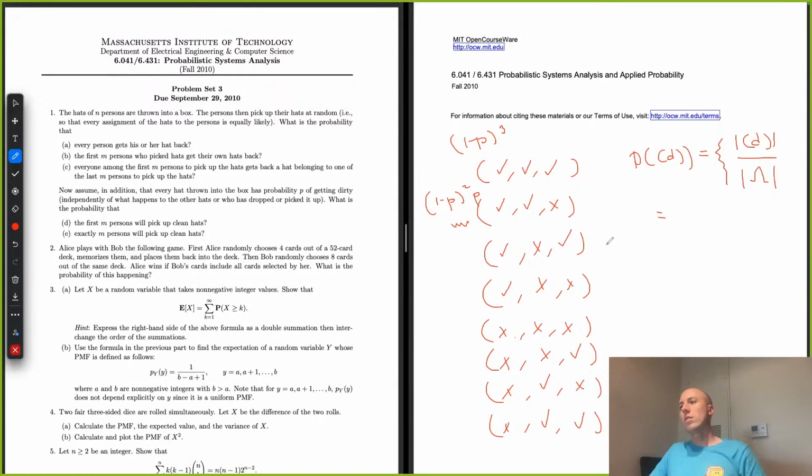So you basically have to add them up now. You have to say it's equal to doing a sum where for all the D's in this set, it's the probability of D. We're just summing up all the probabilities.